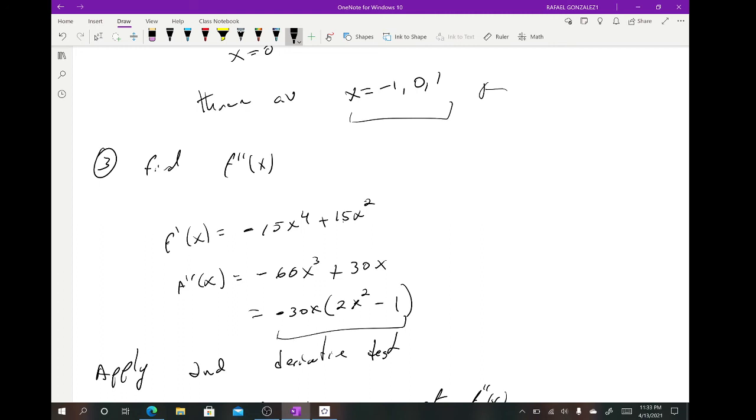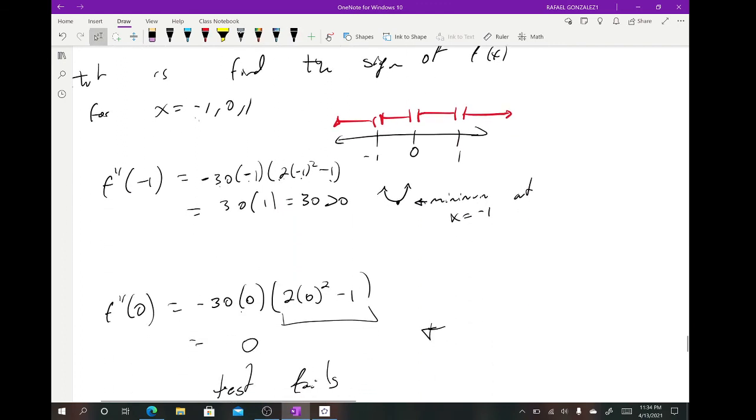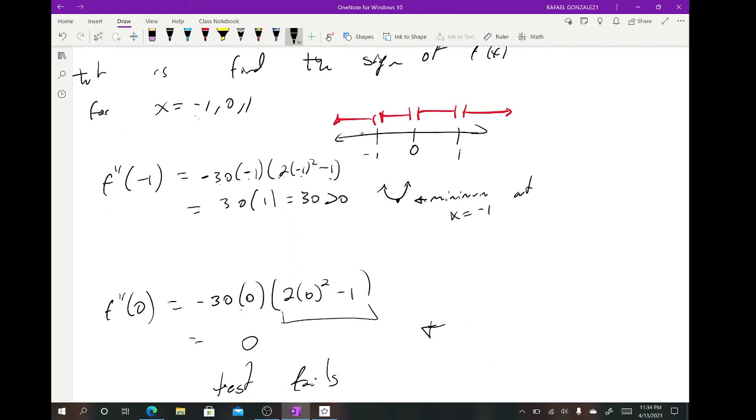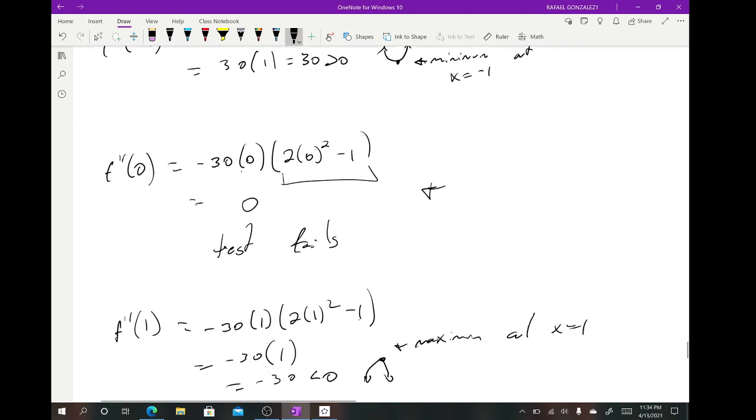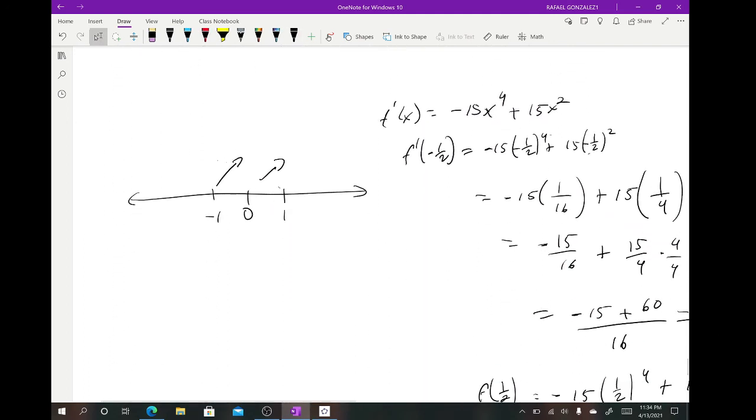I don't have to test a point to the left and a point to the right of every single one of them. If I had to test a point to the left and right of these 3, I would have to test 6 different points, and that's really annoying. So this actually becomes much of a time saver.